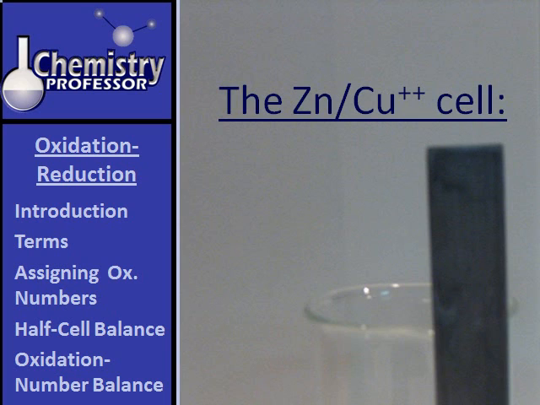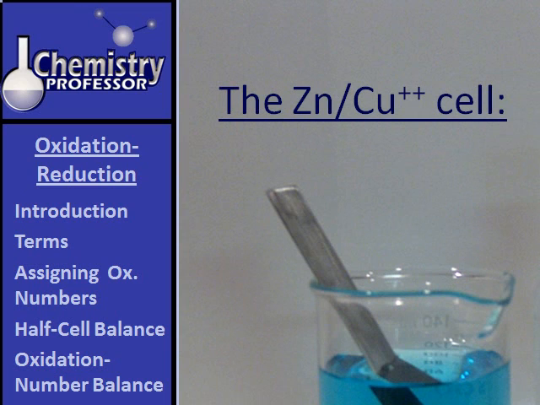We have cupric sulfate, we have a zinc bar in the beaker. We take the cupric sulfate and put it into a beaker and we put in our zinc bar, and notice it almost immediately changes colors. You almost immediately are getting precipitation of some kind forming on that zinc bar.